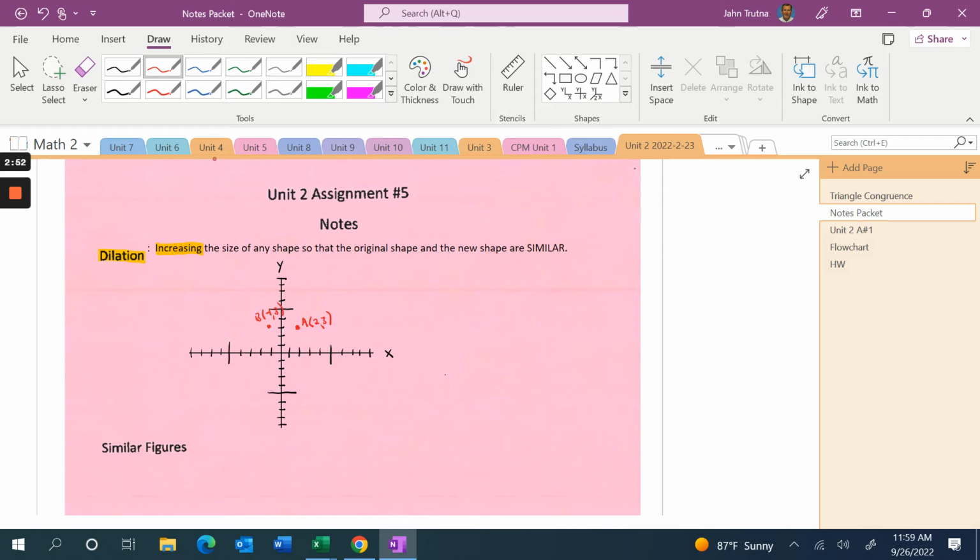Then I'm going to go left 3 to -3, down 3. I'm going to call that point C, which has coordinates of -3, -3. And then I'm going to plot point D at 0, -3. D has coordinates of 0, -3.